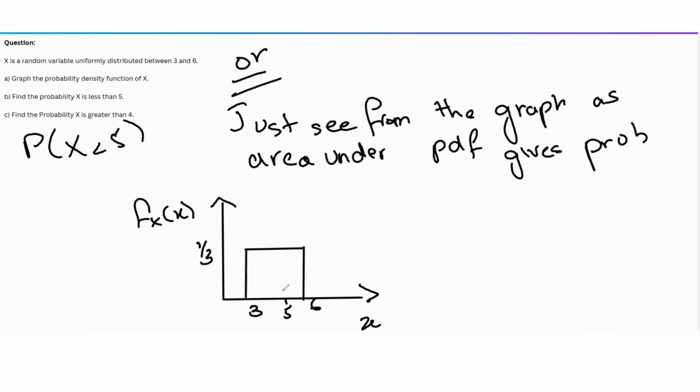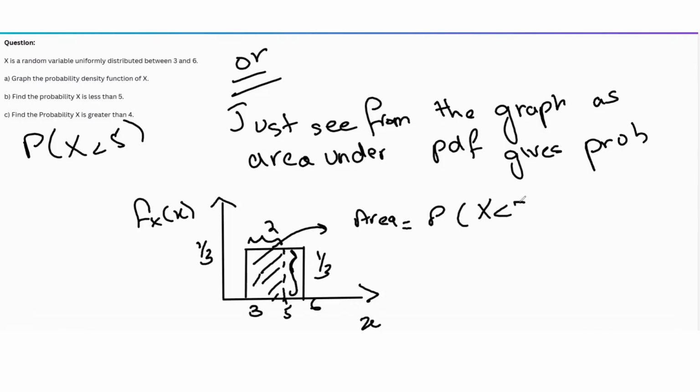Let's say 5 is somewhere here. So essentially I want to find the probability that x is between 3 and 5. The base is 5 minus 3, which is 2, and the height is 1 by 3. So this area, the probability that x is less than 5, is 1 by 3 times 2, which is 2 by 3.